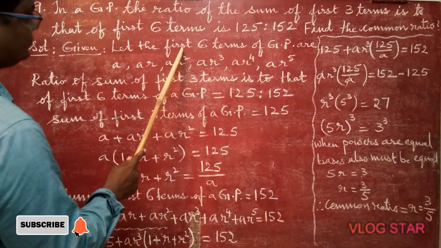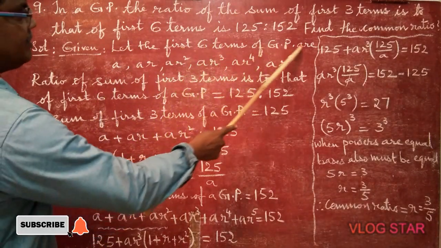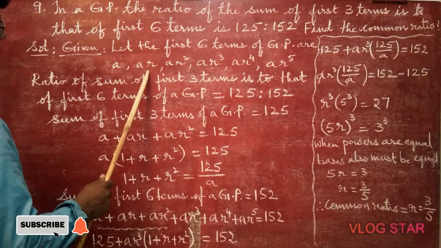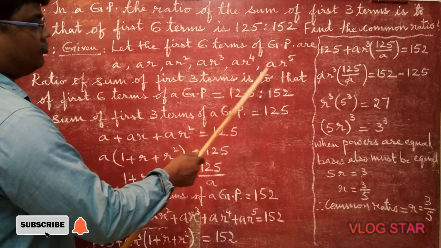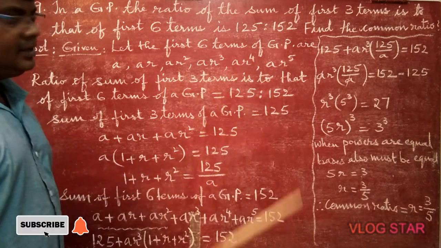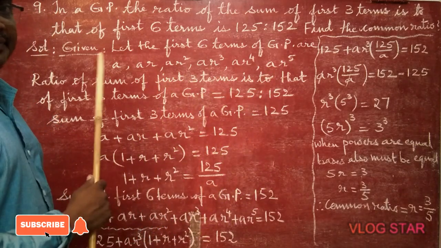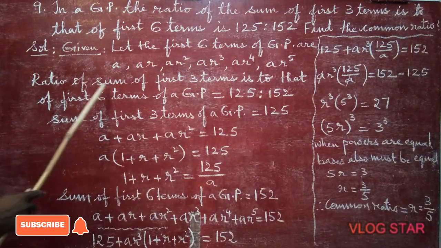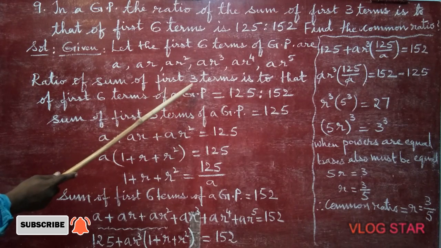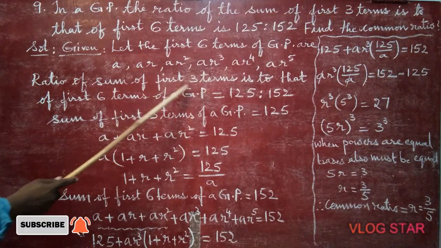Let the first six terms of a GP be A, AR, AR square, AR cube, AR to the power of 4, AR to the power of 5. These are the first six terms. Ratio of the sum of the first three terms, not any three terms.